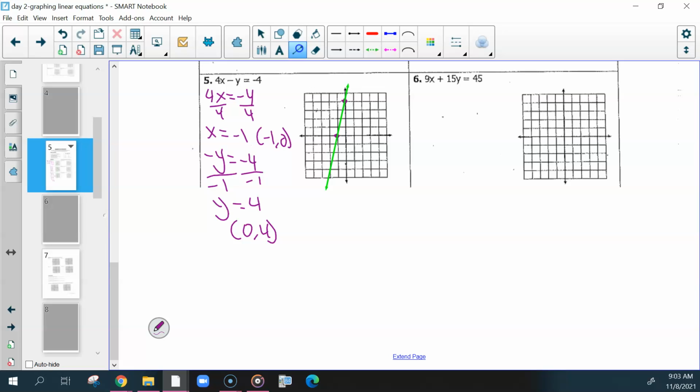Do we have any questions on this process or this method? I want you to take the next 5 or so minutes and do the other 3. And then we'll go over them.